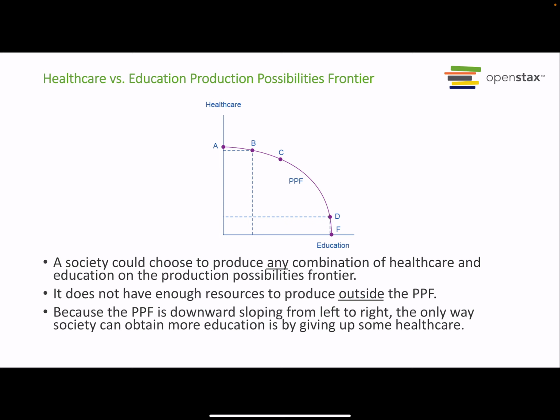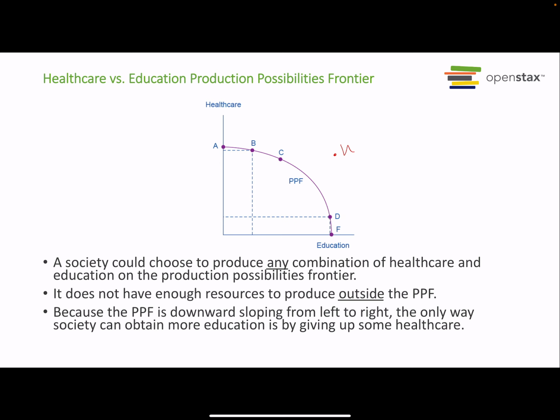Just like with Alfonso, we cannot produce combinations beyond the frontier. So something like this point here, point U, is not possible. Okay, it's not possible to produce that combination given our current resources.